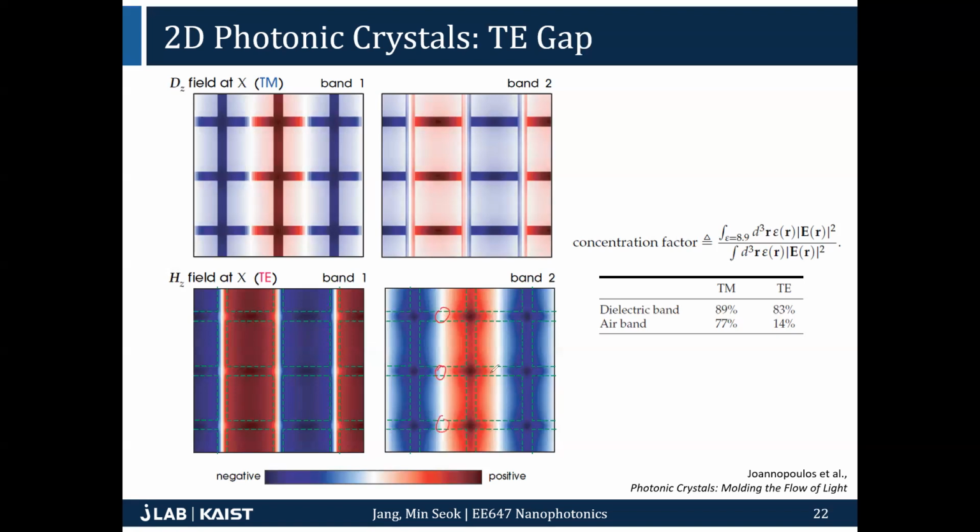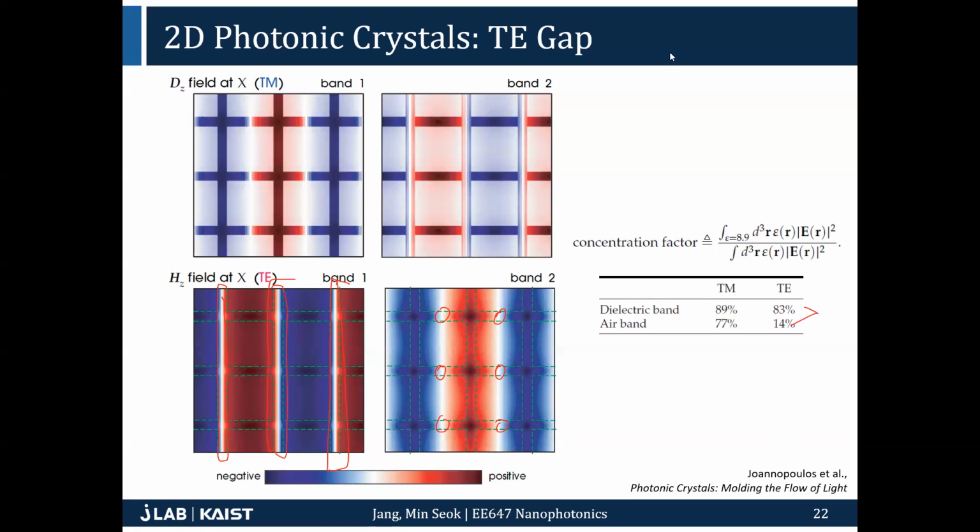Here, only here. The electric field is concentrated in the high index medium, whereas in the other case, this entire thing's electric field is very high. So the concentration factor contrast becomes larger in this case. So TE has a large band gap, TM has a small band gap in this case.